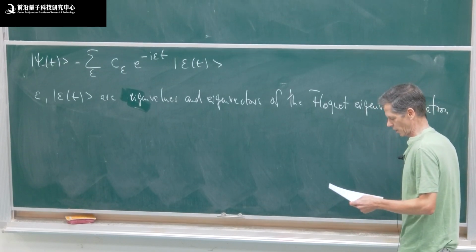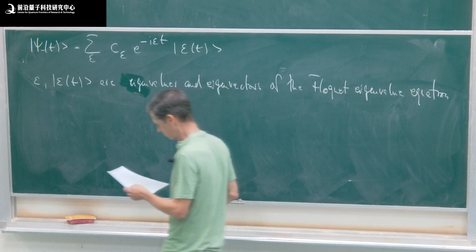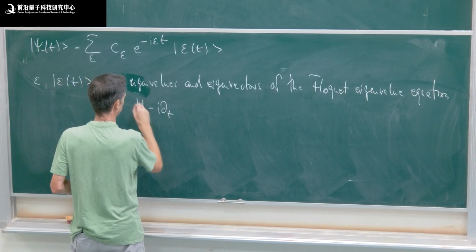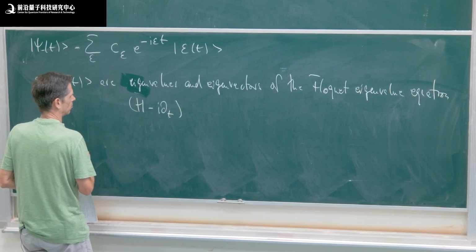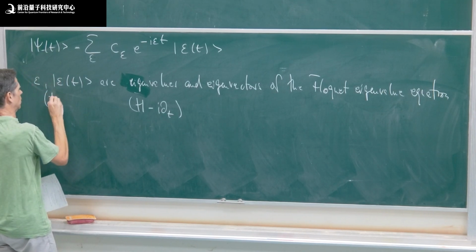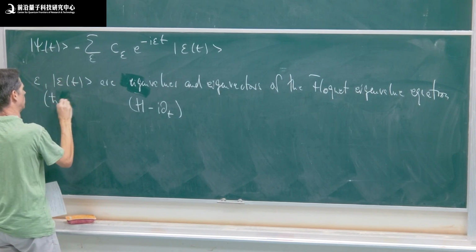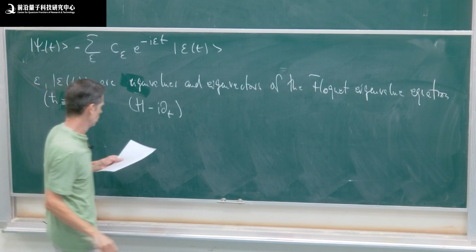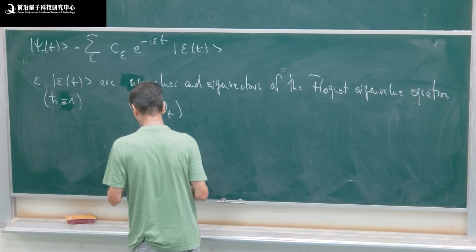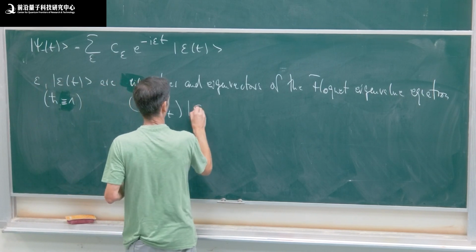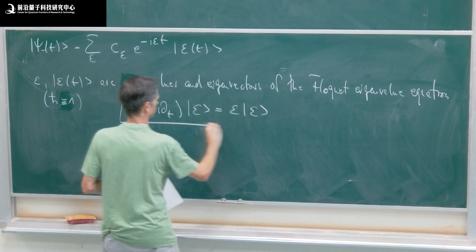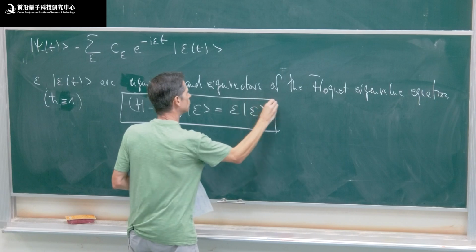Which I had written down already last time, which is H minus i d_t. Now, I set h bar equal to 1, or I measure actions in units of h bar, to get rid of that. So this gives epsilon times phi equals epsilon times phi.